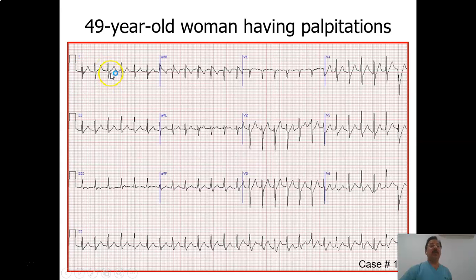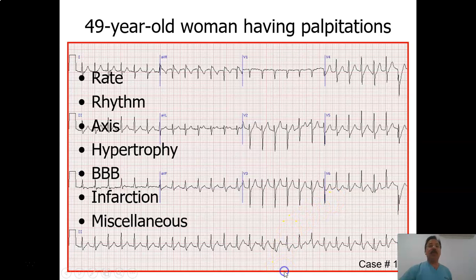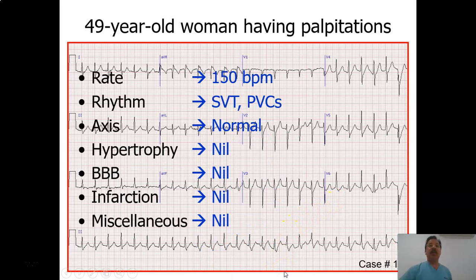Axis seems to be okay, lead 1 and AVF. Hypertrophy, no P wave, so you can't determine atrial hypertrophy, no ventricular hypertrophy, no ST segment elevation or depression except in AVR, that's doubtful. So this ECG shows a rate of approximately 150 beats per minute.